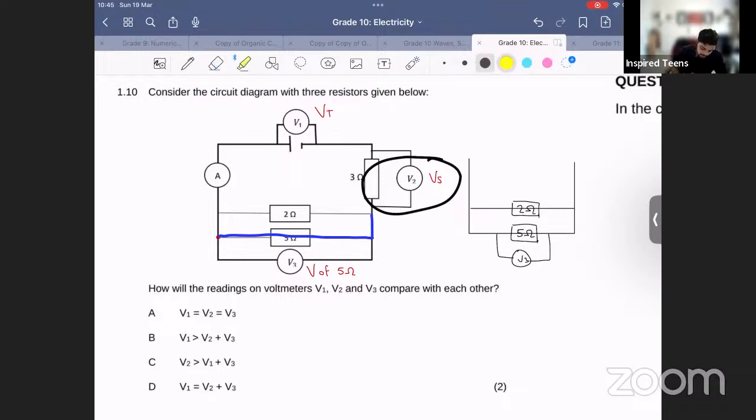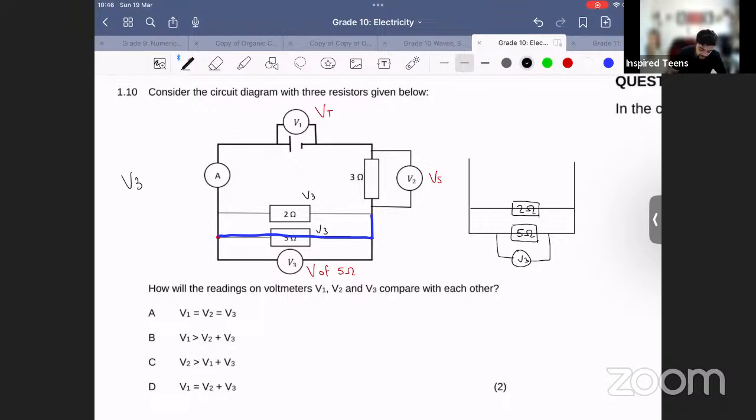Okay. What about B? V1 is greater than V2 plus V3. So V2 is the total of V series. Fair enough. What about V3? V3 is also the total of V parallel. So the correct thing should be V parallel plus V series.